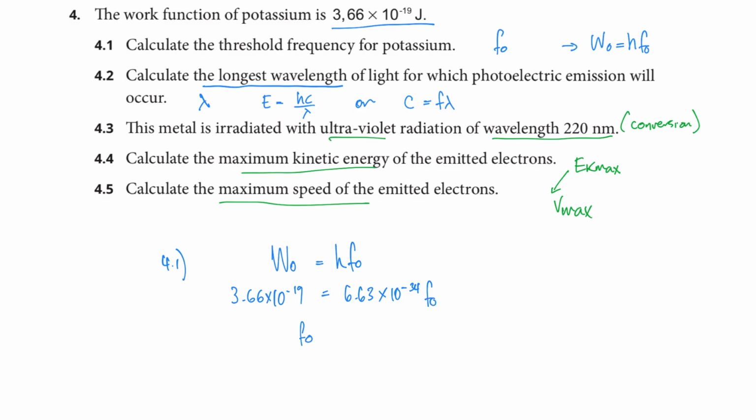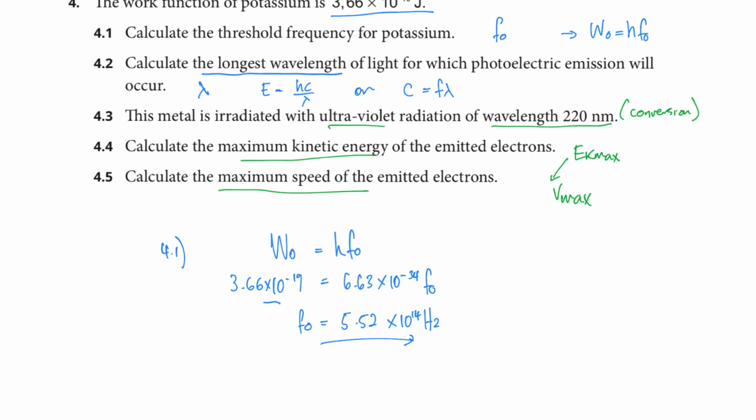Your threshold frequency is going to be equal to 3.66 times 10 to the power of negative 19, all divided by 6.63 times 10 to the power of negative 34, and you should get 5.52 times 10 to the power of 14 hertz at the end. There we go.